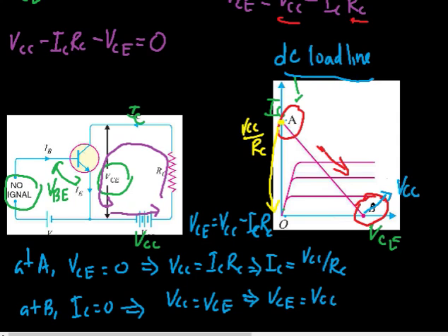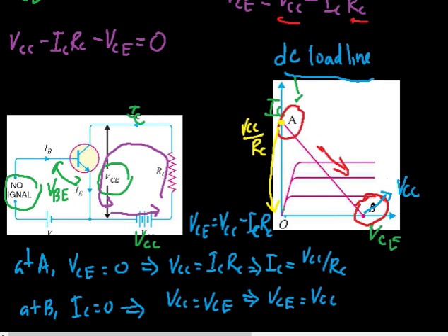So the points on the line AB will represent the corresponding values of IC corresponding to VCE for particular values of RC and VCC.